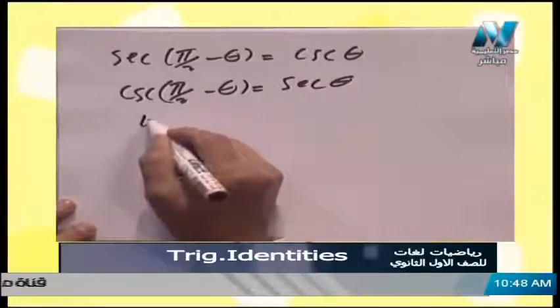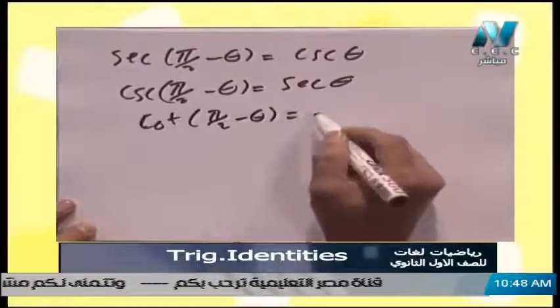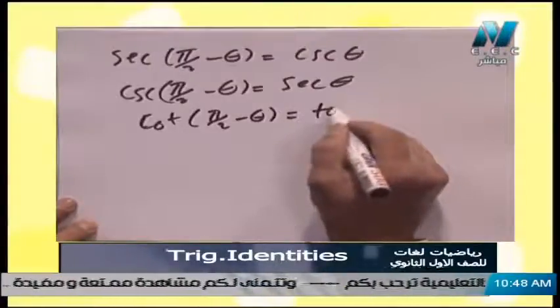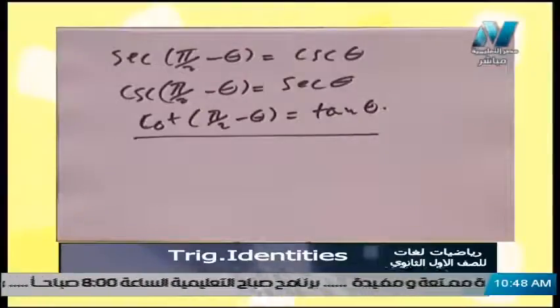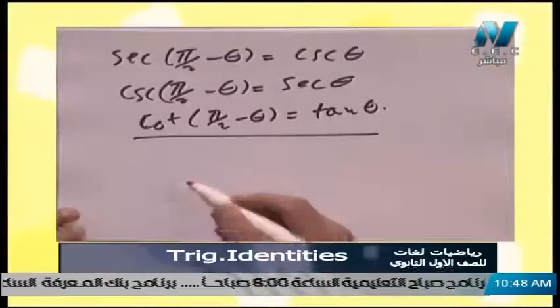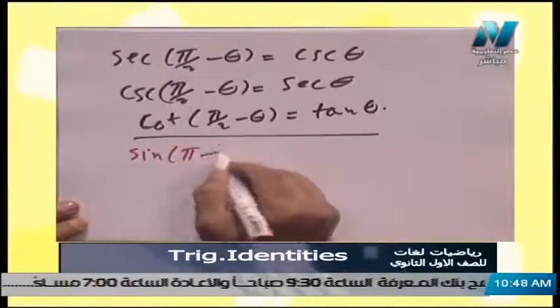Cotan of pi over 2 minus theta equals tan theta.